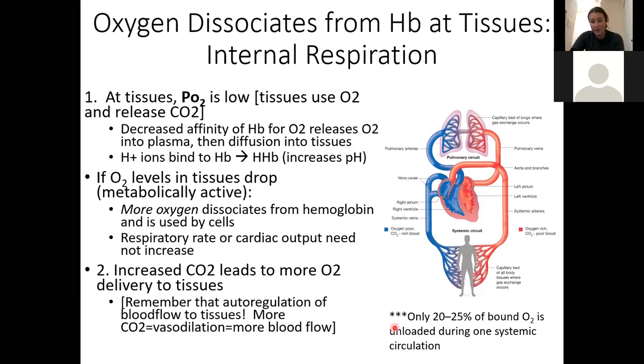In general, no matter how active the tissue is, only a fifth to a quarter of that oxygen is actually dumped off in the tissues in one particular cycle around the body. Okay, so we never completely unload oxygen. We can increase or decrease it, but still like 80% is going to return to the heart.